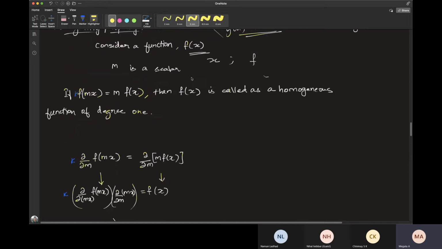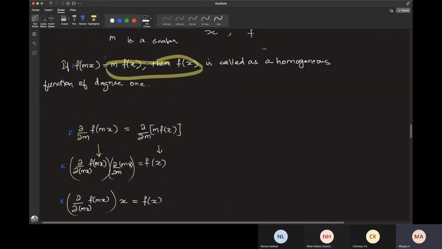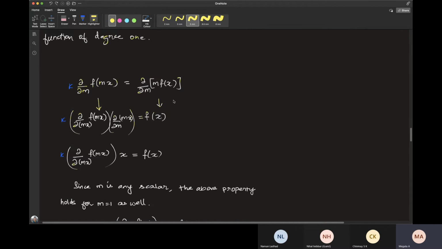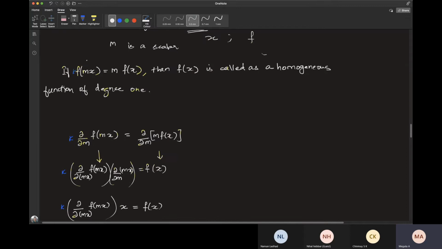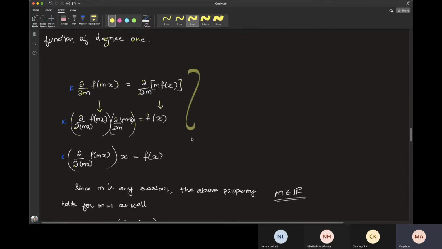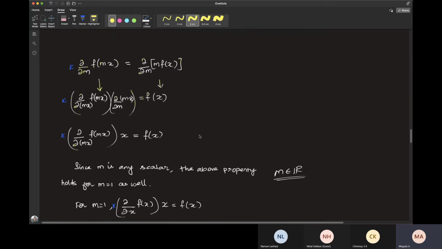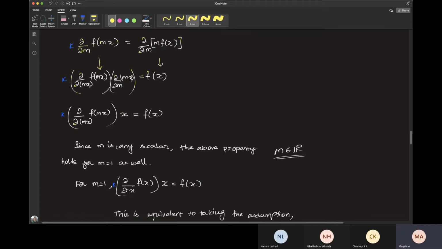Since we have assumed that m is any scalar, m belongs to the set of all real numbers. So the whole argument holds when m is any real number. Since it holds for any real number, it holds for 1 as well.